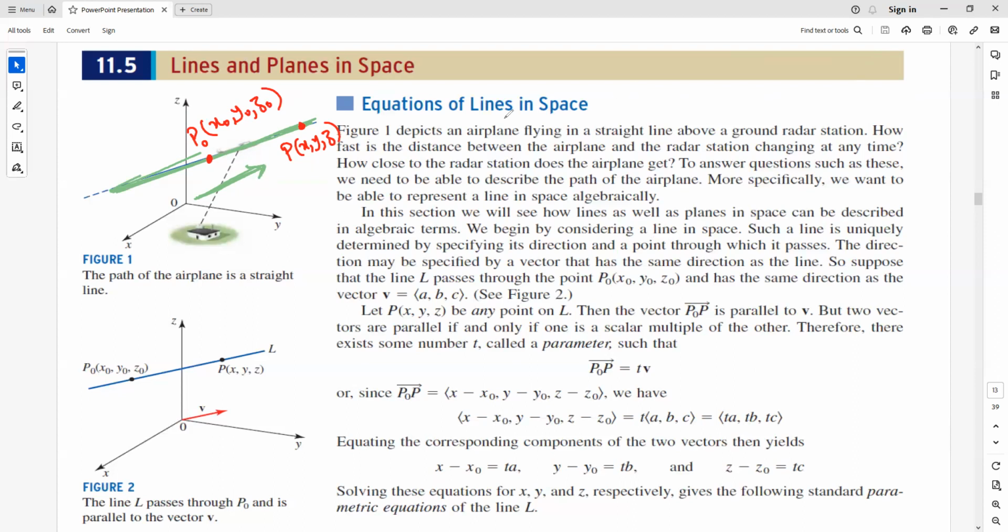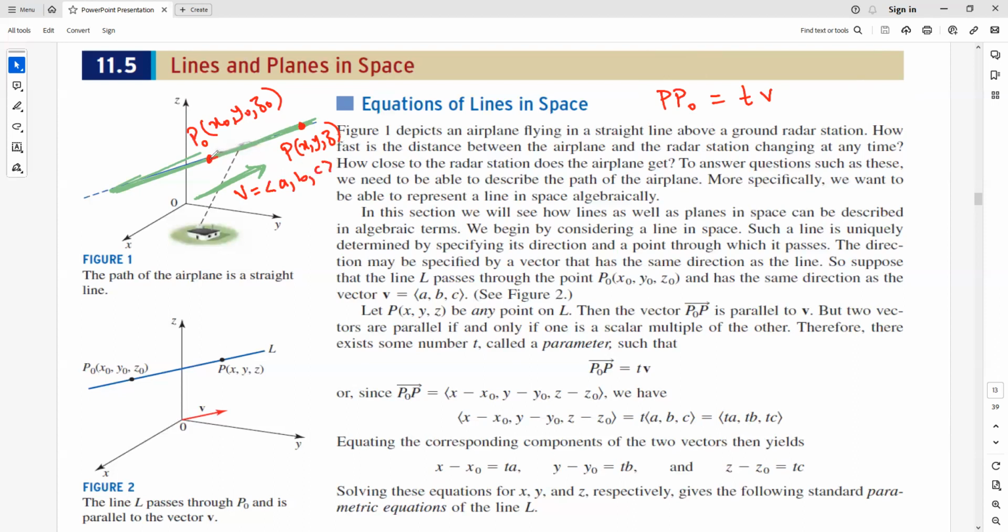So now we know that if one vector or one line is parallel to another line, then we can represent one vector in terms of the other vector with some scalar multiple. So if this is vector v, let's say, having coordinates a, b, and c, and these are the points.